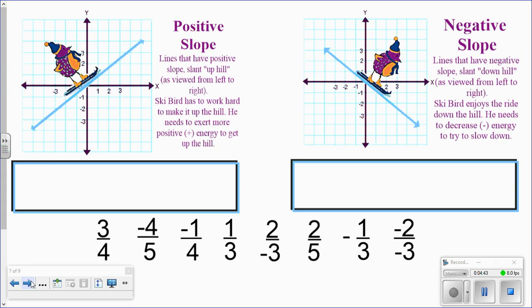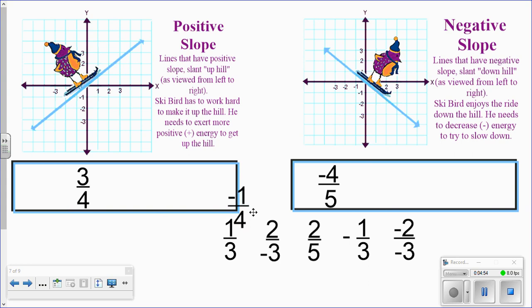So if we're looking at positive and negative slope, all we have to do is look at these fractions. That one is positive. This one's going to be negative because our numerator is negative. Here, again, our numerator is negative. It's a negative slope. This one, numerator and denominator are positive, so it's positive slope.